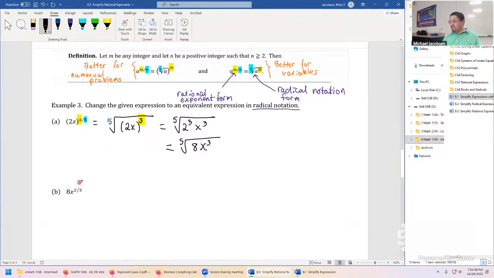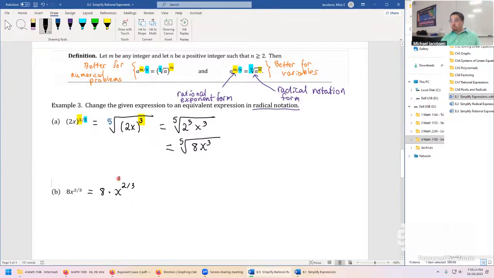One thing that's really tricky about this one as well is 2 went inside the fifth root because of those parentheses, much like the problem with the negatives we saw at the start of these notes. But this one's different. There are no parentheses capturing the 8. It becomes an order of operations process where you have to deal with the exponent first, then do the multiplication by 8. So this turns into 8 times x to the power 2/3. I'm just emphasizing that there's a multiplication here.